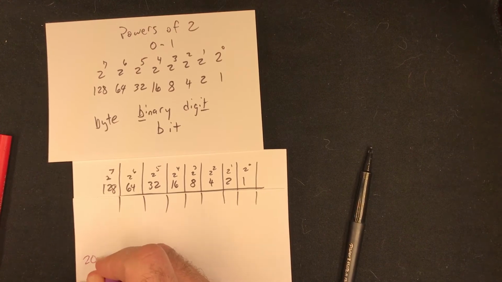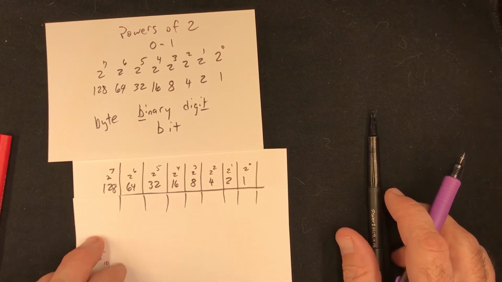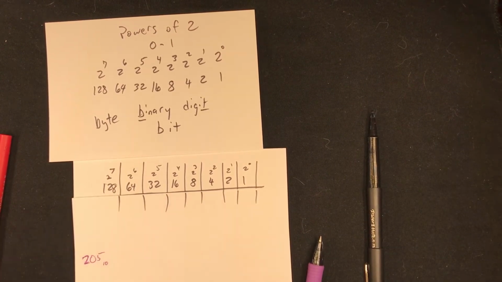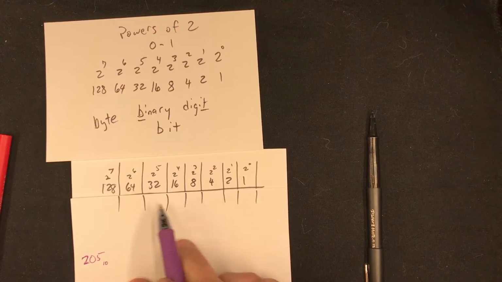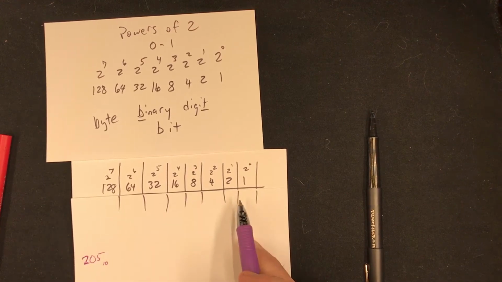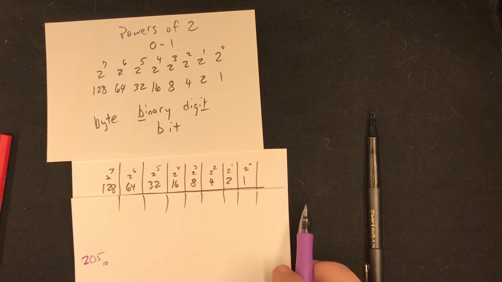All right, so that's the number I'm trying to convert, and that's in base 10. What would that look like in binary? This is where the Price is Right analogy comes in. You have to pick the binary digit that is closest to the actual price without going over it.